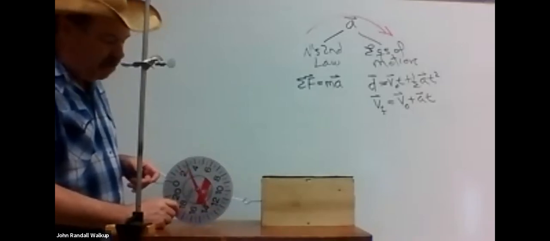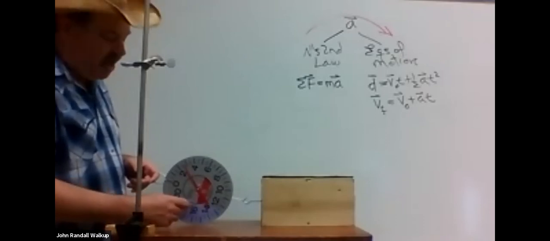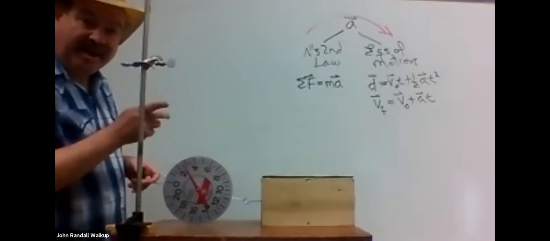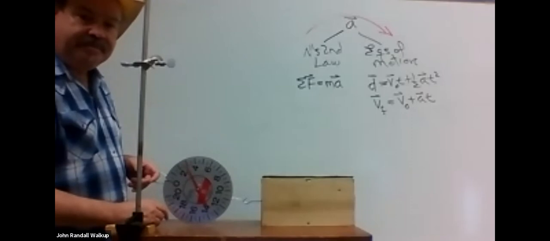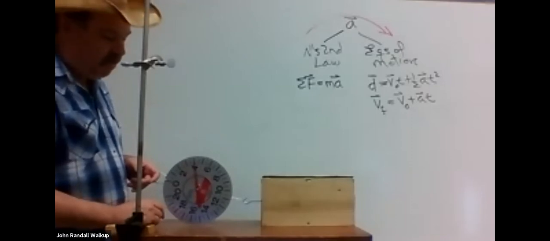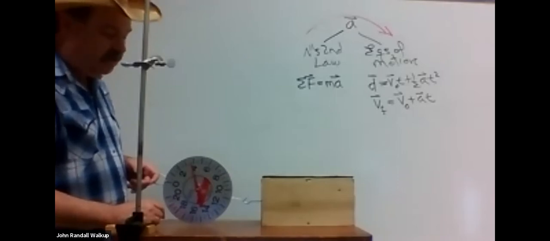Now I'm going to pull a little bit more, and I pull with 3 newtons, and the box still doesn't accelerate. So now the force in the opposite direction, which you're probably guessing right now is friction, is 3 newtons. Then I pull with 4. The force of friction must increase to 4 newtons.